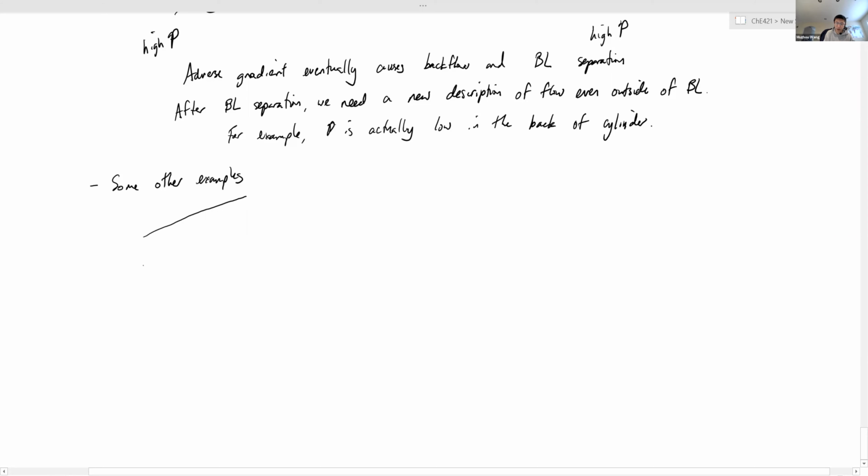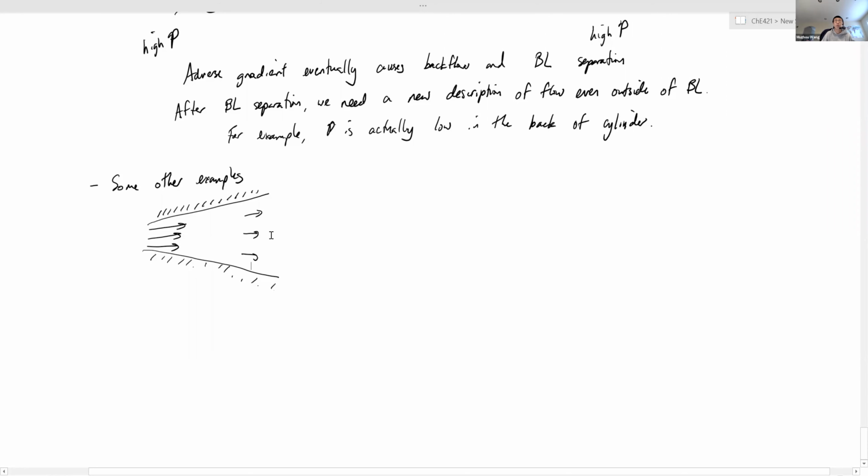So for instance, in the video, it talked a little bit about diffusers. It's basically just, you can envision this as two plates where the flow could come from this direction. And then by conservation of mass, obviously the flow has to slow down, right? Because there's more area over here.